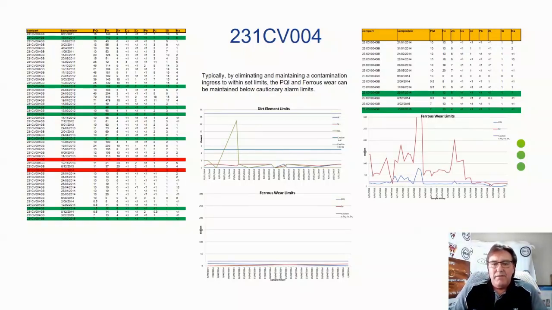So again, if we come over here and we look at the table on the right hand side upper, by lowering down the dirt signature, we reduced the amount of oil changes down to 2 in that history.